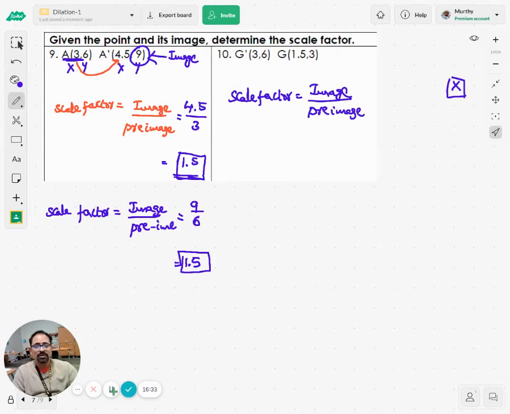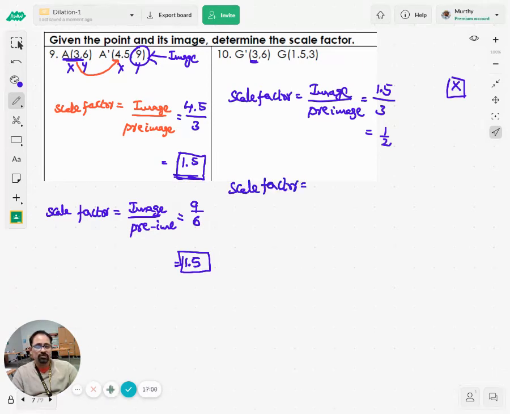So image is 1.5 and pre-image is 3. Then grab the calculator and check how many times. So that gives me 1 over 2. If you want, you may try taking y values and check.